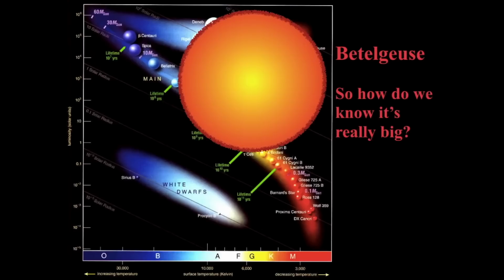So if we have a way of measuring the absolute luminosity, and we know its temperature, which is obvious from the spectrum, then we can determine its radius and determine it's an extraordinarily large star. And that's the Stefan-Boltzmann relationship.